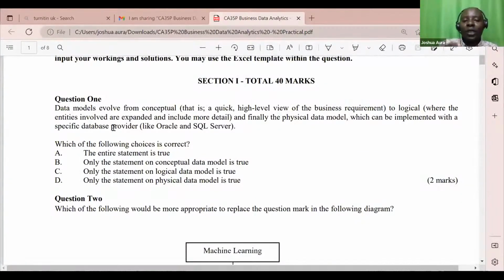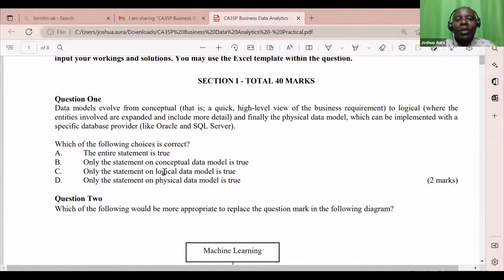So then, ladies and gentlemen, I would want you to help me answer this question. If you are a student doing this exam, which multiple choice would you have gone for here? Is it A, that the entire statement is true? B, only the statement on the conceptual data model is true, that data models evolve from the conceptual, a quick high-level view of the business requirement.